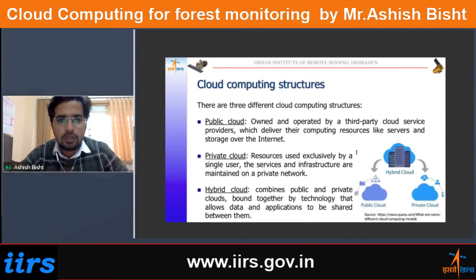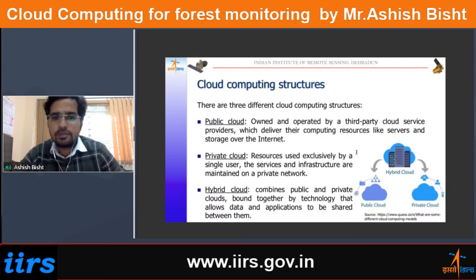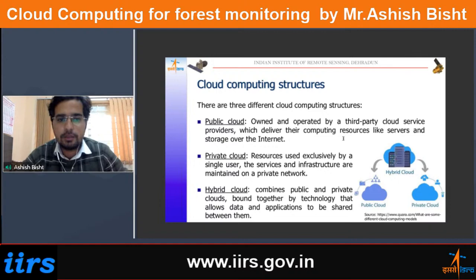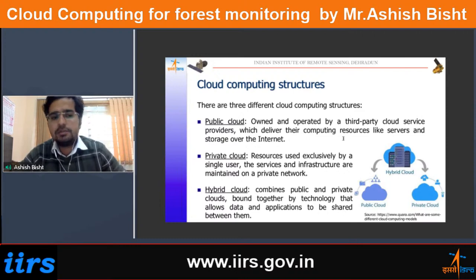We'll have a look at what are the cloud computing structures, that is, the forms in which cloud in a conventional way works. There are basically three types of clouds, which probably many of you will be knowing: public cloud, private cloud, and hybrid cloud. Public cloud means, we all are aware of Amazon EC2, Amazon AWS services, which are provided as public cloud. Then Microsoft Azure. They are the examples of public cloud. When we go to private cloud, the implementation is basically for a particular enterprise, or a particular group of individuals, or a particular company or organization.